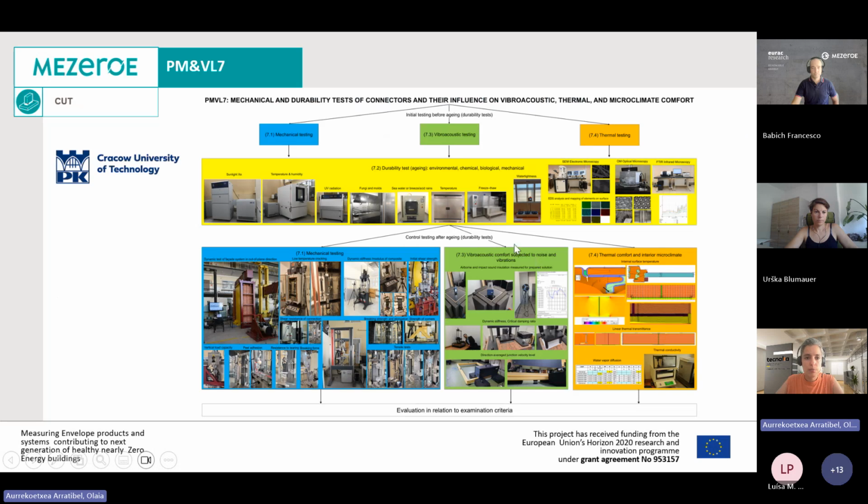Then regarding the next laboratory, which is managed by the Krakow University of Technology in Poland, they are focused on connectors of the building envelope products, and they can assess mechanical tests, vibroacoustic tests, thermal tests and durability tests to check the performance of these connectors.